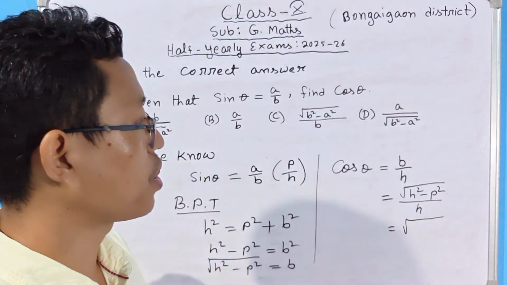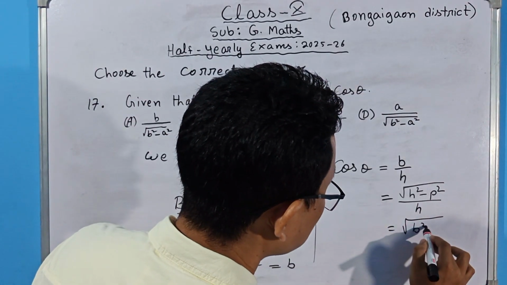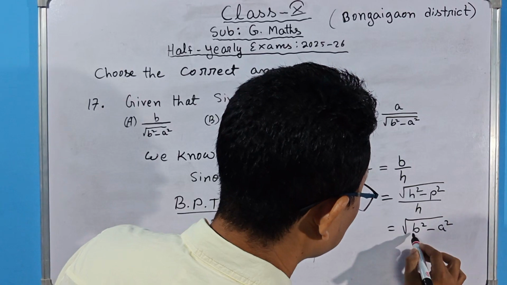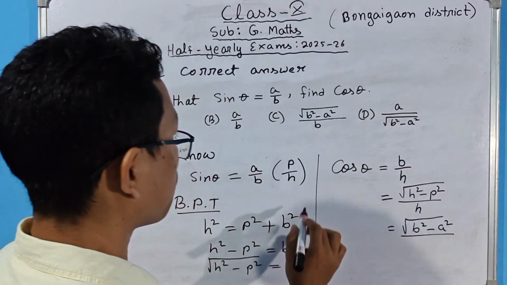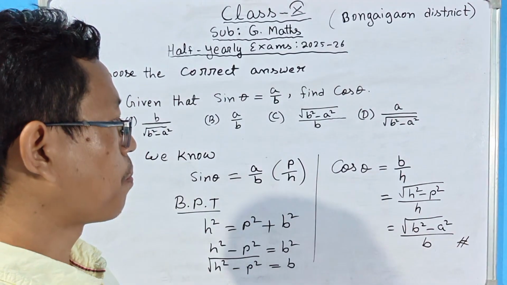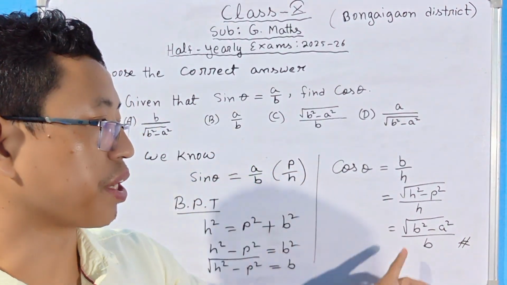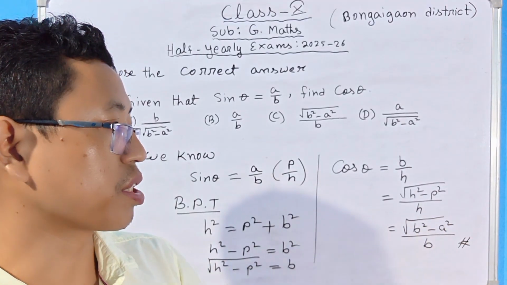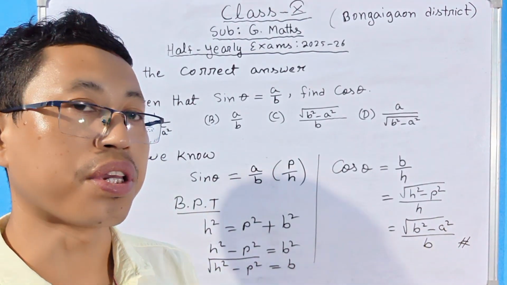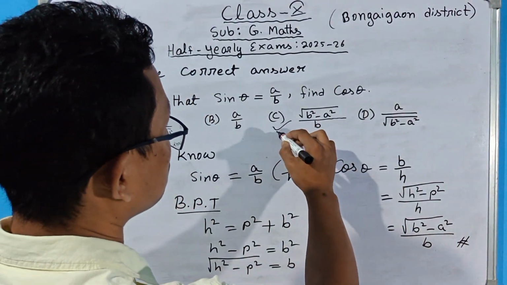Now on placing hypotenuse and perpendicular, we have hypotenuse b square minus perpendicular a square, by hypotenuse b. So that is our answer. Clear? Taking h equals b and p equals a, we get square root of b square minus a square, all over b. So which is the correct option? Our correct option is C.